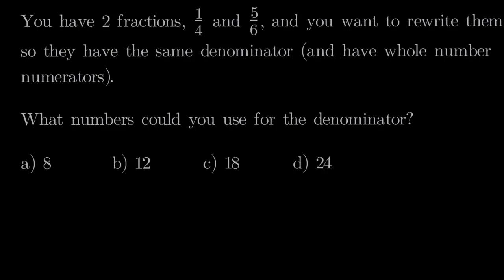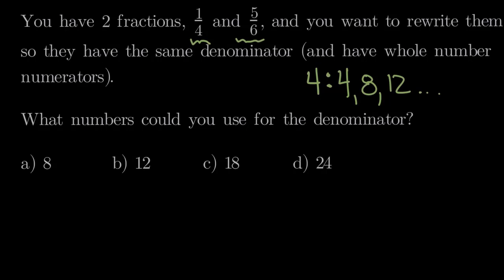So for example, for 4, some multiples of 4 would be 4 times 1 is 4, 4 times 2 is 8, 4 times 3 is 12, and so on. Those are multiples of 4. And let's just pause here and look at why we have to pick a multiple of 4 and 6.